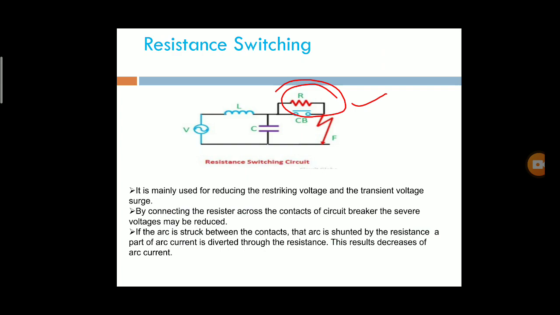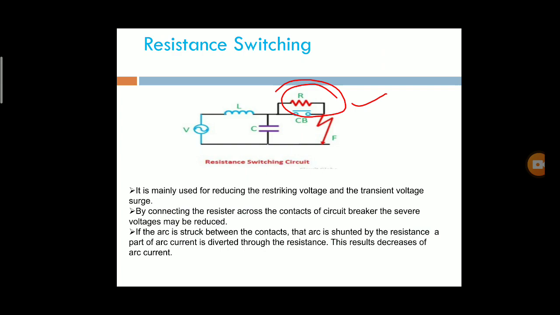When the breaker contacts open automatically and an arc is struck between the contacts, that arc is diverted through that resistance. Then we shunt that arc current and automatically reduce the arc. This process will continue until the arc is reduced.